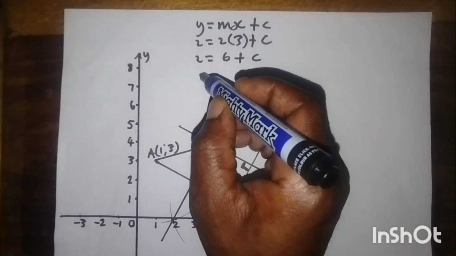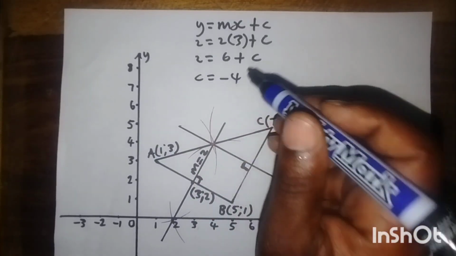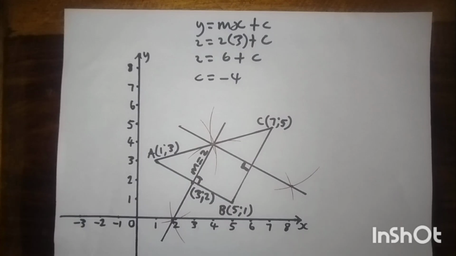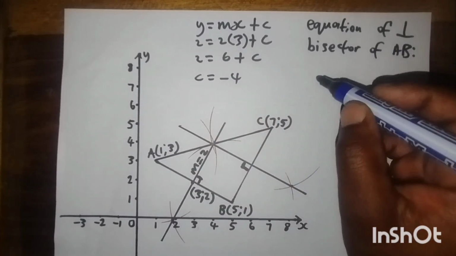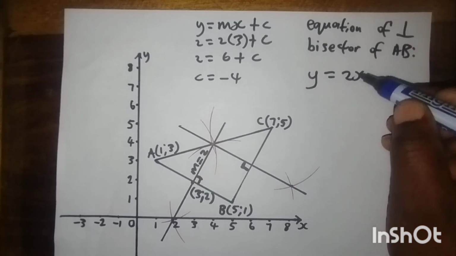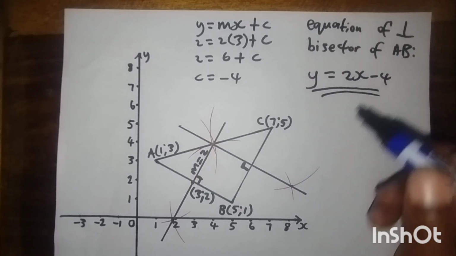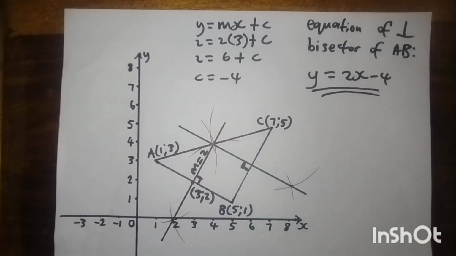So finally our y-intercept, which is c, equals minus 4. Okay, so the equation of the perpendicular bisector of AB is y equals 2x minus 4. So that's the equation of this perpendicular bisector of AB.